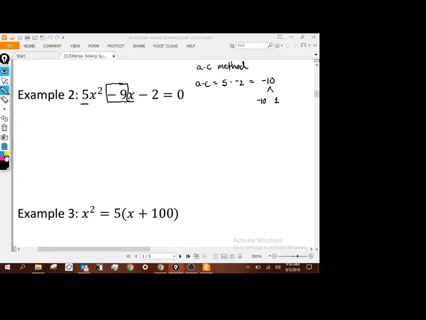Okay? So then, what you do is you rewrite this equation the exact same way, except you're going to expand that using those two. Meaning I write it this way. You guys remember doing that?